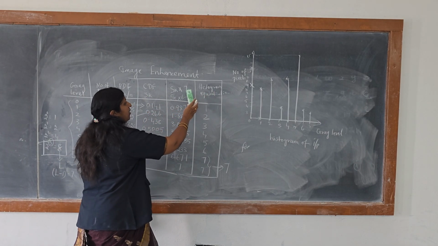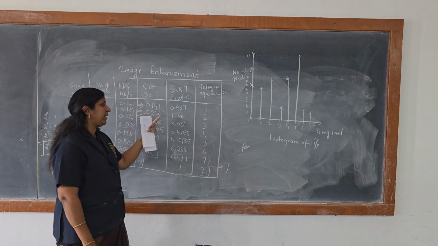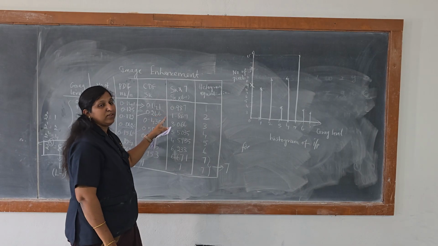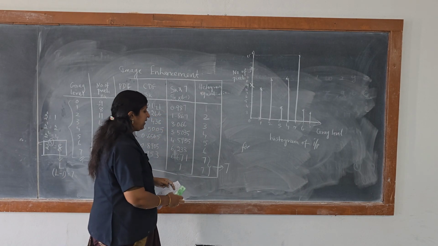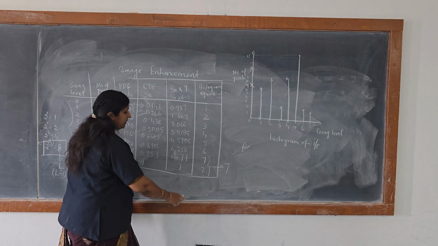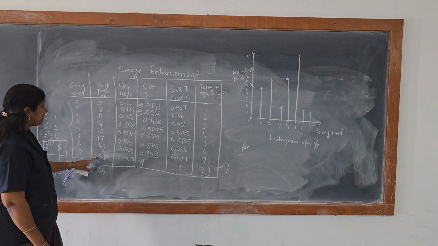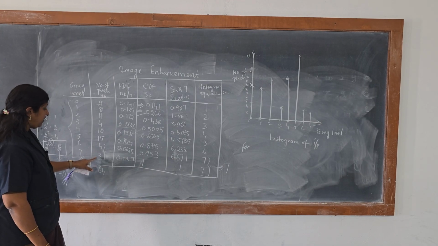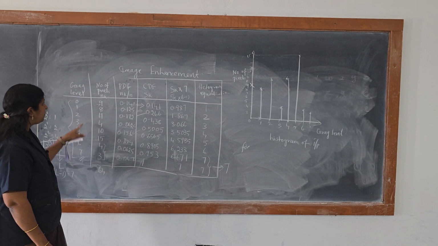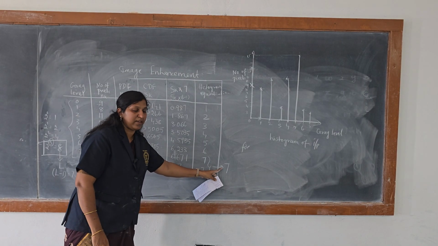At the end we calculate the histogram equalization by taking the round off value of Sk into L minus 1. If you identify any repetition or duplication, you can add the number of occurrences of the same gray level value to find the number of occurrence.